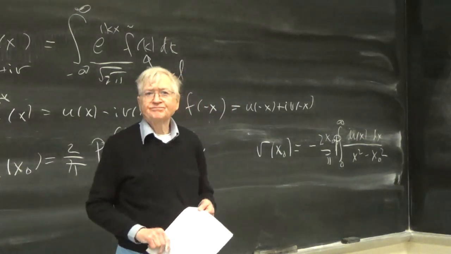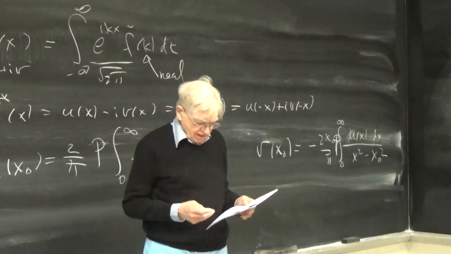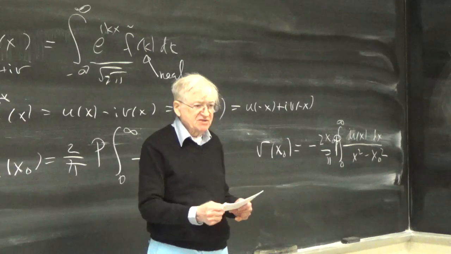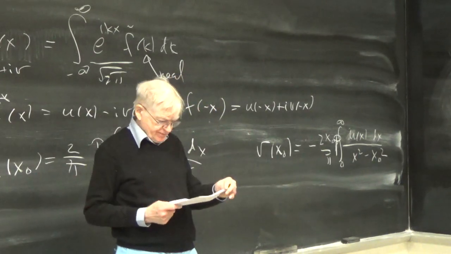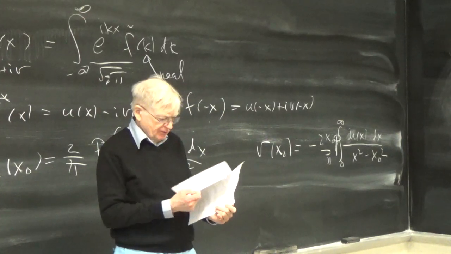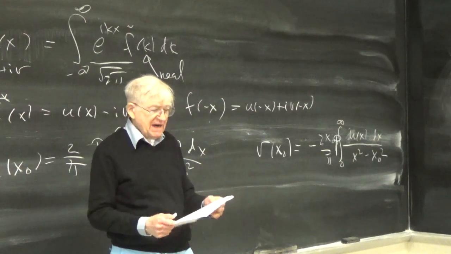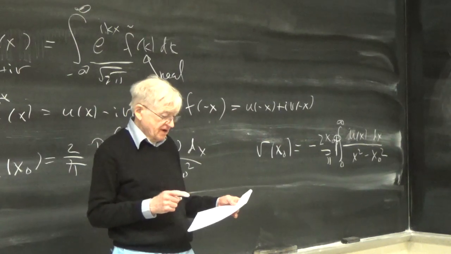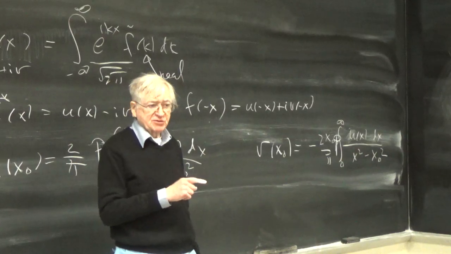So that's something that is often done. An example of that is the Kramers-Kronig relations. Tell you what, I think what I'm going to do is skip Kramers-Kronig until the end of the lecture, and if I have time, I'll do it.